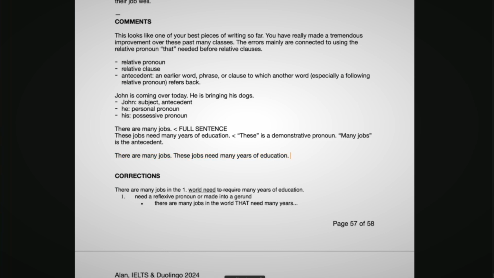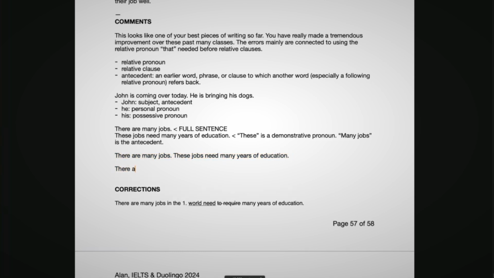We can say there are many jobs, and these jobs need many years of education. We've combined the sentences using the comma and a coordinating conjunction, right? So we have two independent clauses.